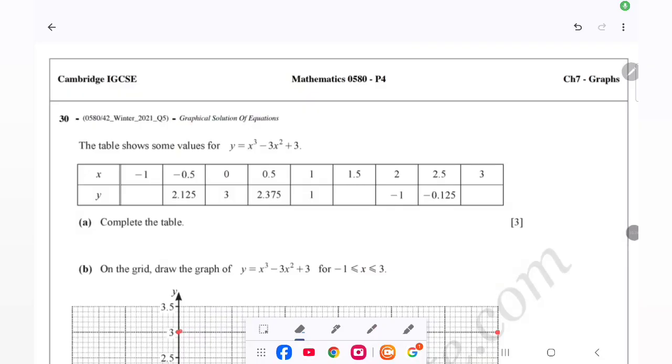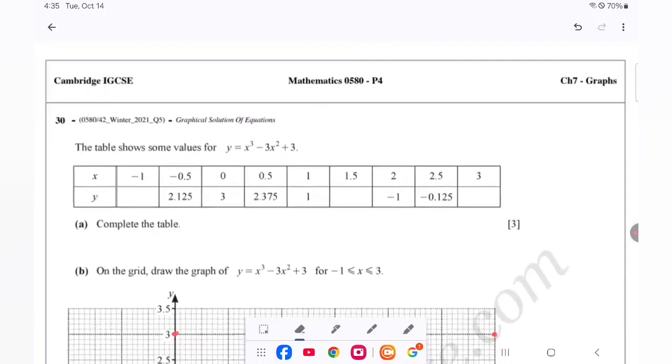So in question 30, a table shows some values whereby y is equal to x cube minus 3x square plus 3. Here are some points of values of x on which it gives the value of y. So on x is negative 0.5, it will give y as 2.125.